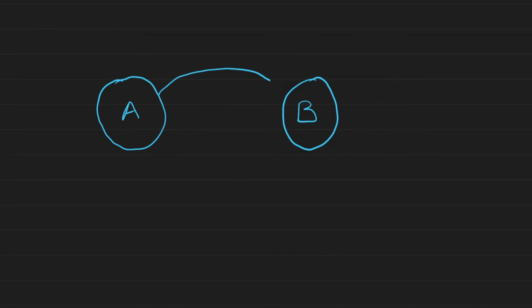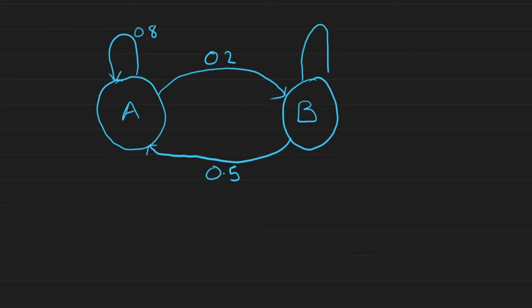Maybe by the end of a certain year, we would have found that 20% of the people in region A have moved to region B, and 50% of the people in region B have moved to region A. So 80% of the people have remained in region A, and 50% of the people in region B have remained in region B.